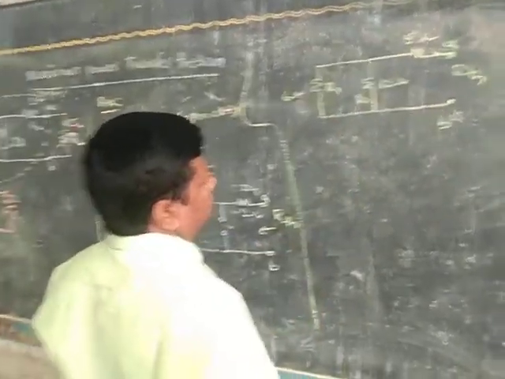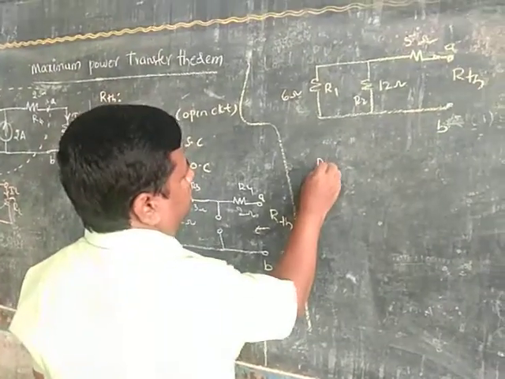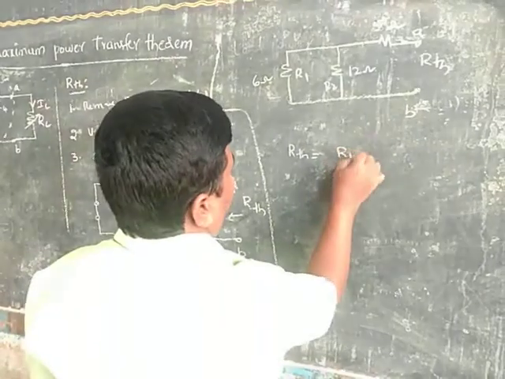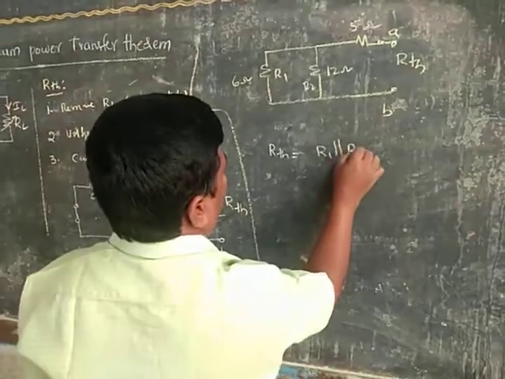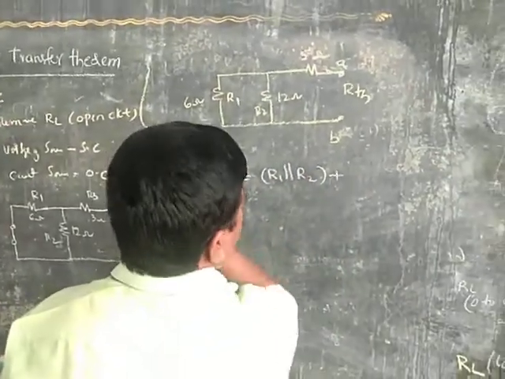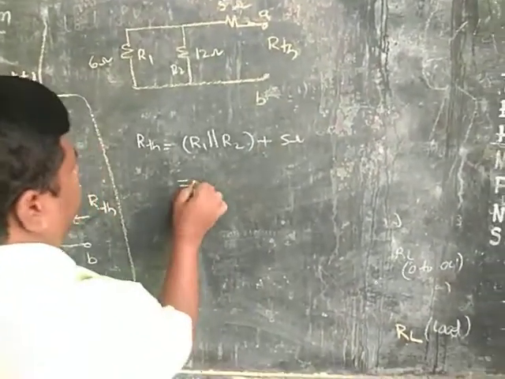Now R Thevenin is equal to these two in parallel, R1 parallel to R2, plus the remaining series 5 ohm.